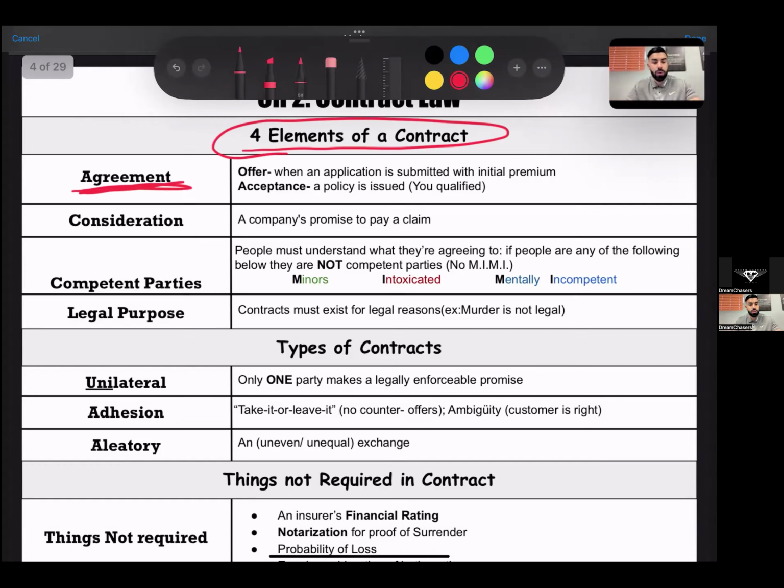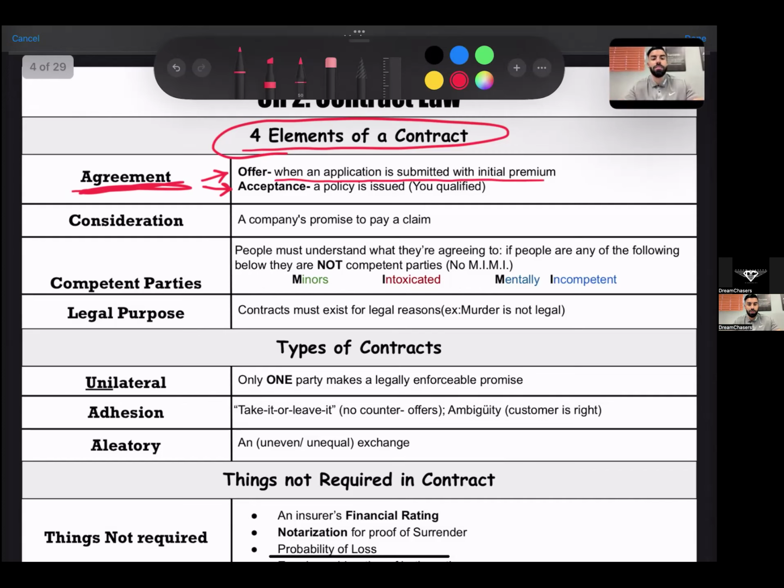Now, an agreement has two parts. There is an offer by one party, and there must be acceptance by the other party in order for there to be an agreement. For example, in insurance, when the application is submitted to the company, so an applicant applies for life insurance, that's the offer saying, "Hey, I'd like to be covered for $250,000 for $50 a month."